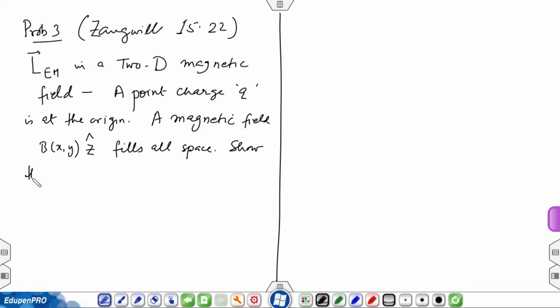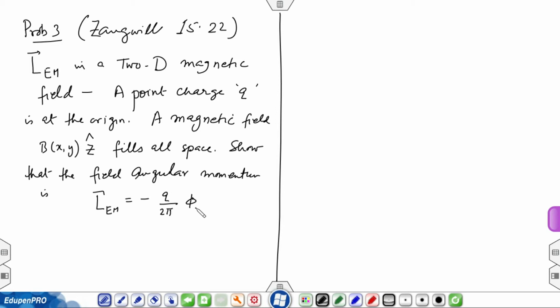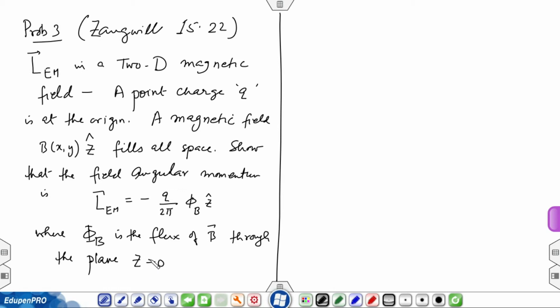Show that the field, when we say here field, I mean electromagnetic field, angular momentum is L E m equals minus q over 2 pi phi b z, where phi b is the flux of B through the plane z equals 0.